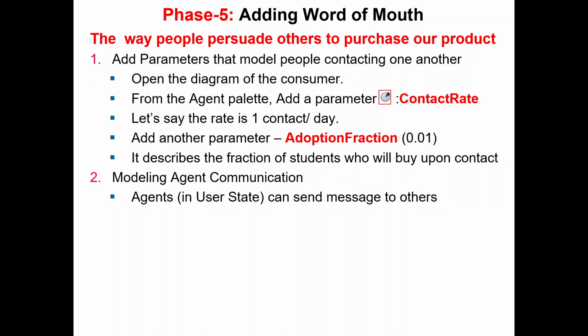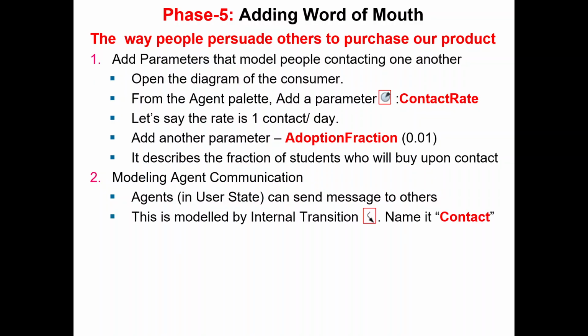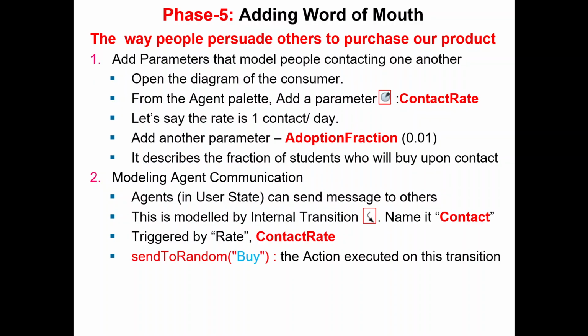This is shown by an internal transition, and we will call that transition contact, and it is triggered by the contact rate. When this transition occurs, they will send a random message, a message buy, to the potential users.